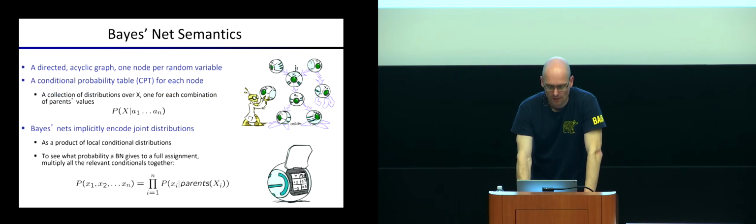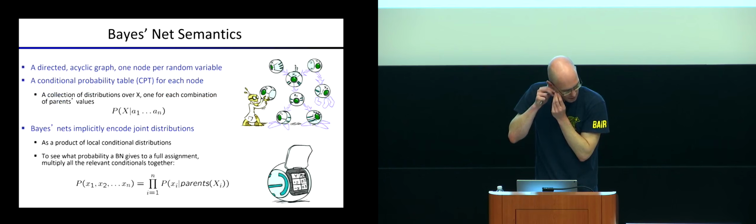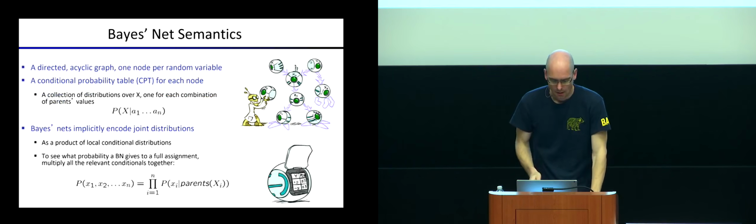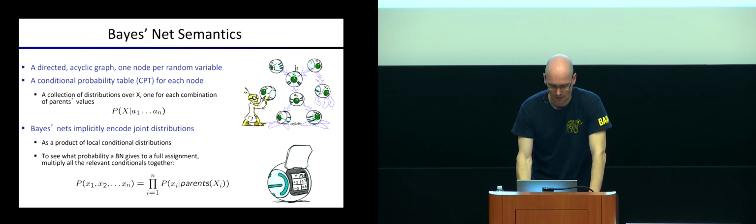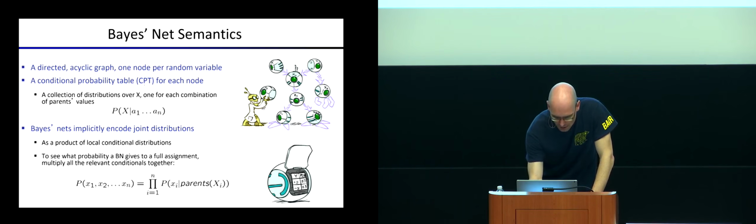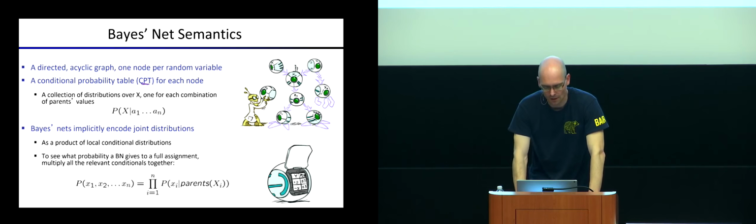Okay, so let's recap the semantics of Bayes nets. A Bayes net is a directed acyclic graph with one node per random variable. That's the graph part. Then in addition, there is a conditional probability table, which we call a CPT, for each node.